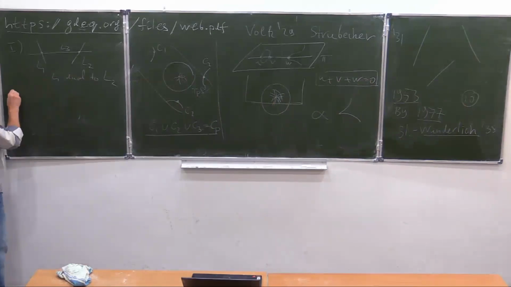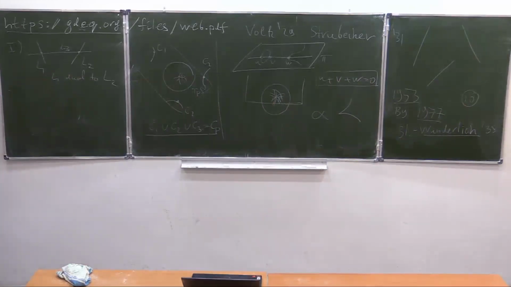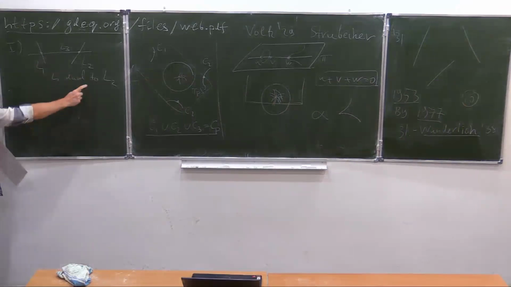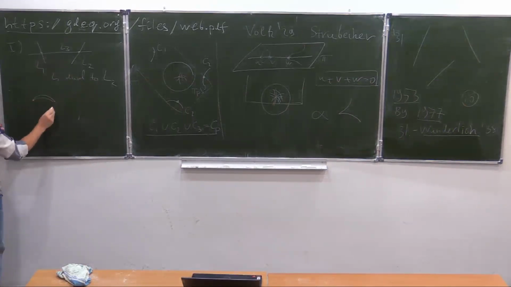And then, what is the geometry behind these dual lines? You take two points and consider the family of circles passing through them.